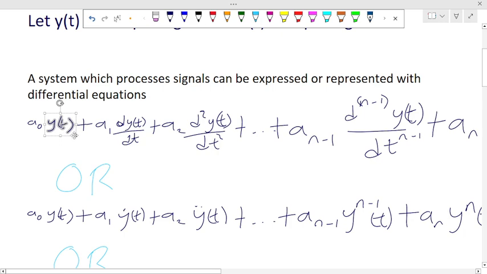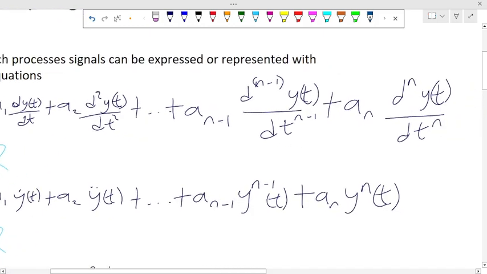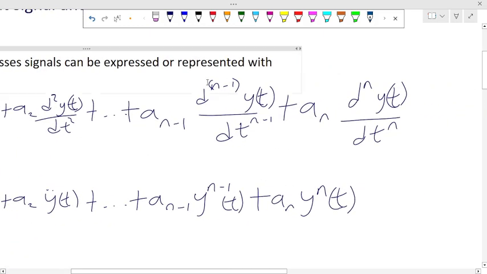This is the signal, this is the first derivative, this is the second derivative. We can go on and on, third derivative, fourth, fifth, sixth. We can go on and on until we have the n minus 1, until you get to n. Like you can differentiate second derivative, third, fourth, until the nth derivative.